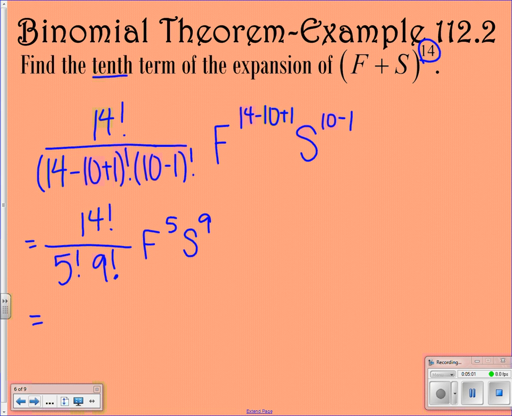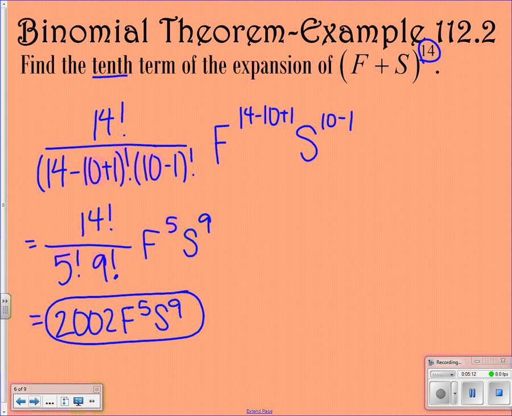So then you just simplify that with your calculator, and you get 2002 f to the 5 s to the 9. And so that would be your answer for this one, the 10th term of this expansion. On these, when they have such large exponents, they're never going to have you write out all of the terms. They're only going to ask for one at a time. Okay?